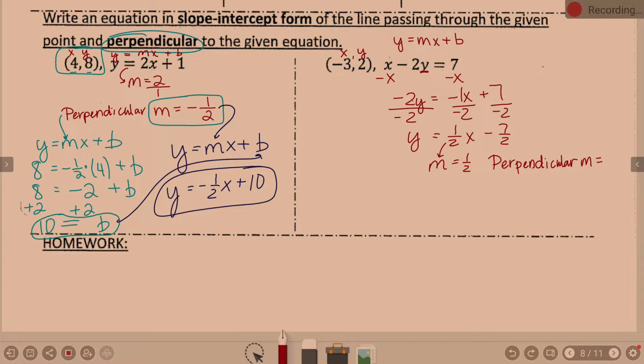The reciprocal of 1/2 is 2/1, right? So this is going to be negative 2/1, which in all honesty, I'm just going to say 2 divided by 1 is 2, right? I'm going to use negative 2. So we're going to use negative 2. And we're going to use our x and our y's.